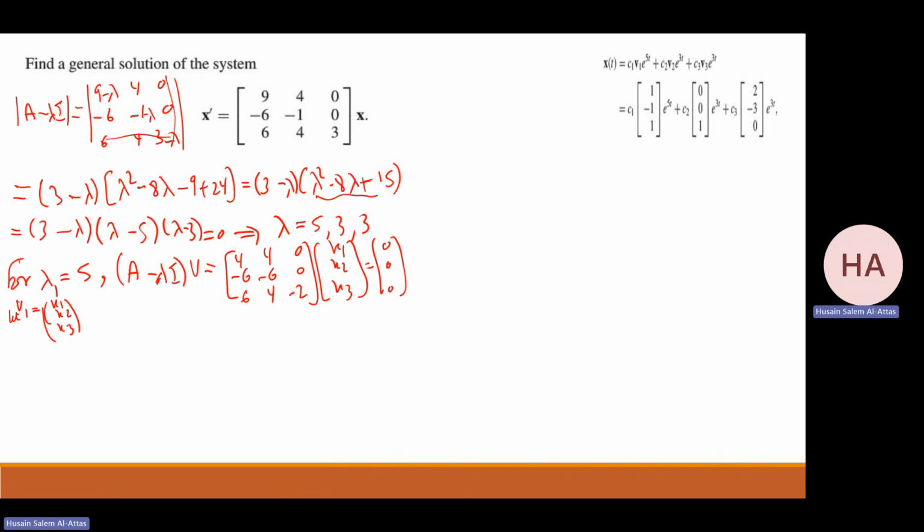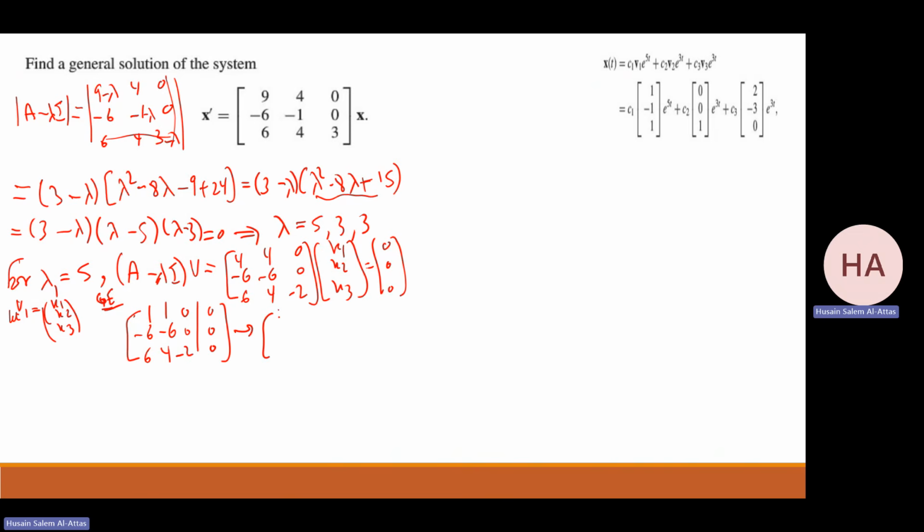So what do we have? Let me do Gauss elimination. So I divide the first row by 4, I have 1, 1, 0, 0. The second row I divide by minus 6, I'll leave it, who cares, that will not make a difference. 6, 4, minus 2, 0.